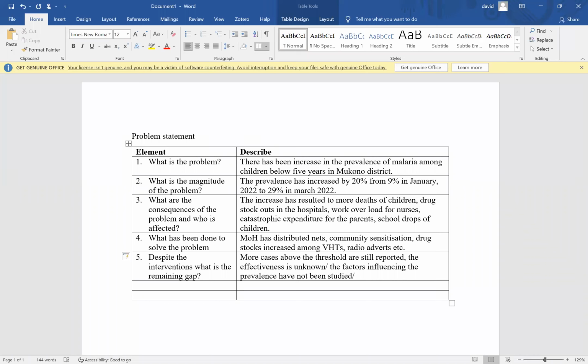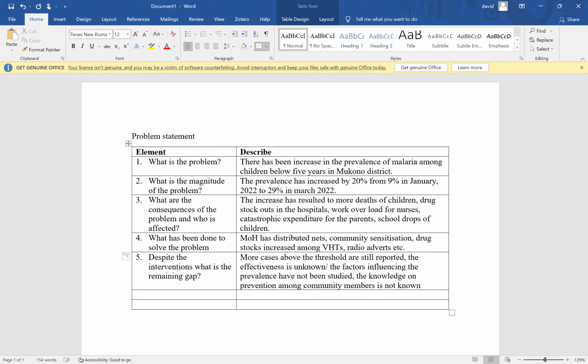We can also say the knowledge on prevention among community members. So those could be the gaps, very many of them.